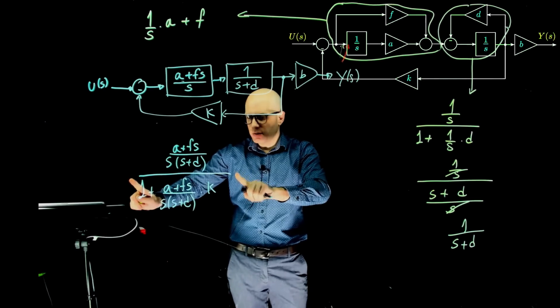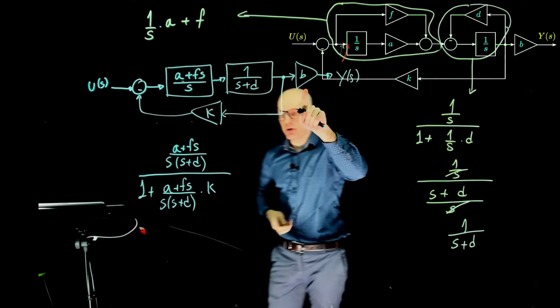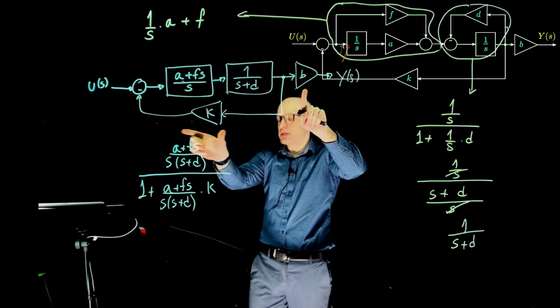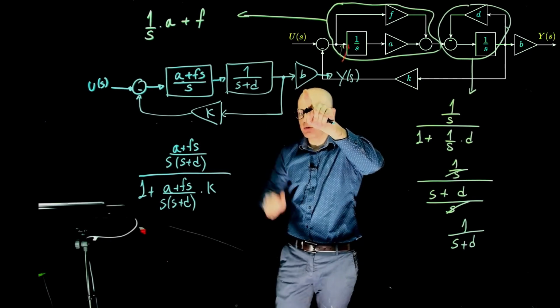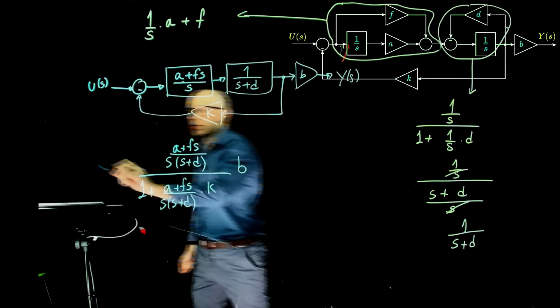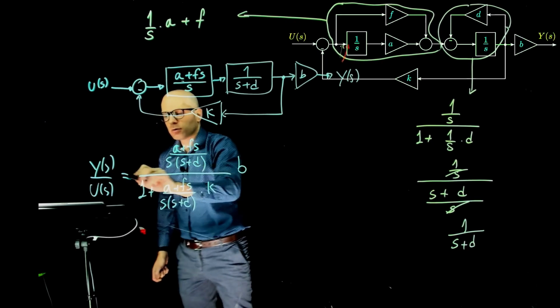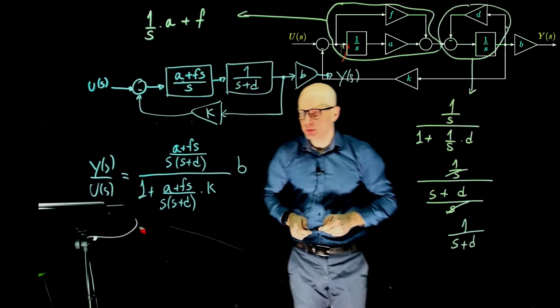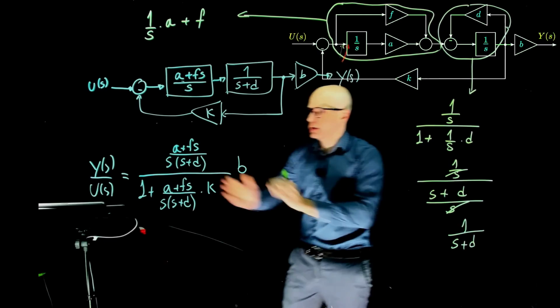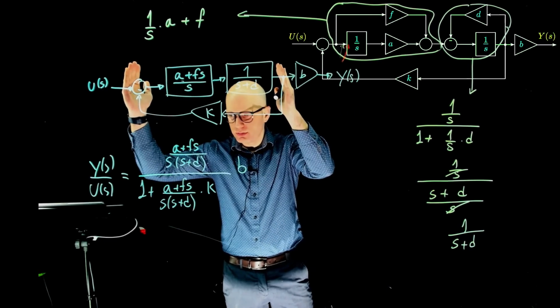So this feedback loop here is this portion. Don't forget our variable B that now multiplies the result of this feedback loop. So if you multiply this whole thing by B, this is y of S over U of S. Right? This portion is this portion here.